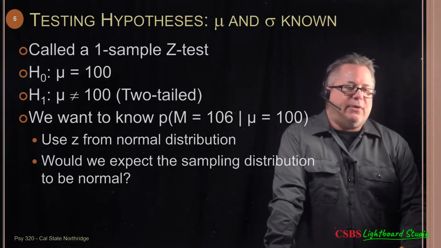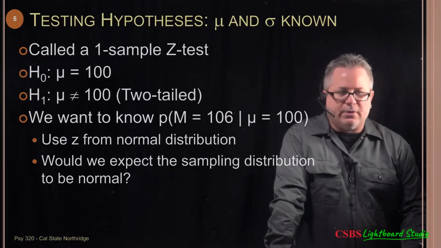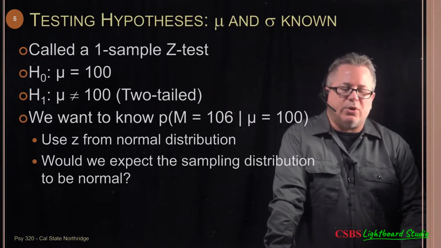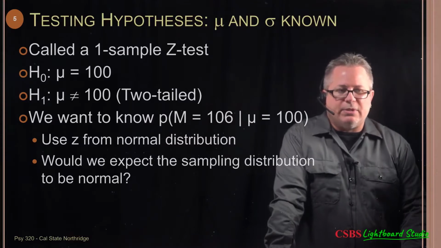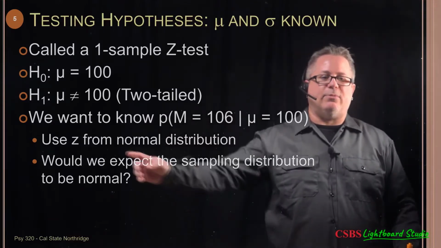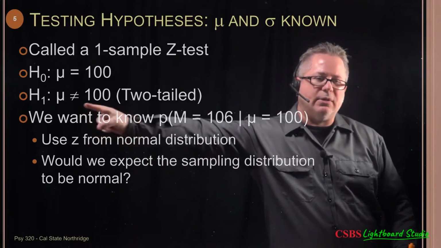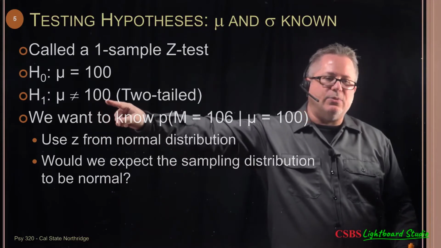If I know the population mean is 100, and I'm testing a drug like IQ+, and all I want to know is that my sample will not be the same as the population, a two-tailed hypothesis would be: I think that my population mean, mu, will not equal 100. That's the basic two-tailed hypothesis.